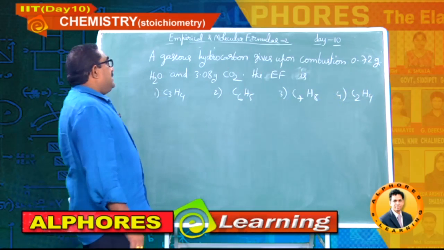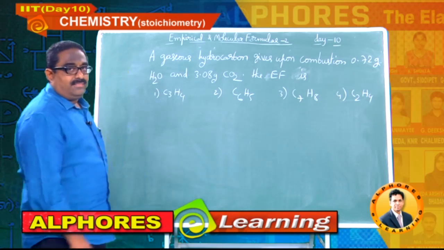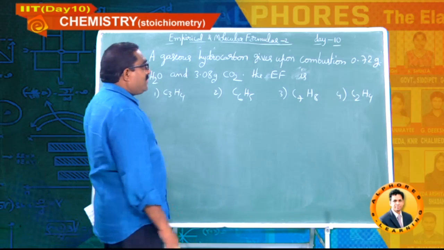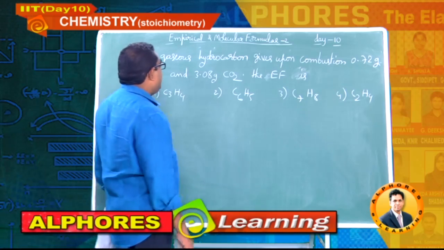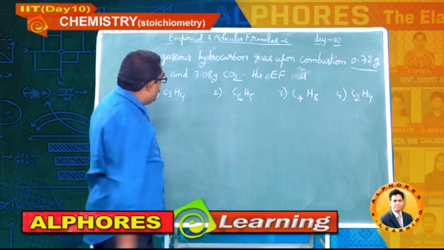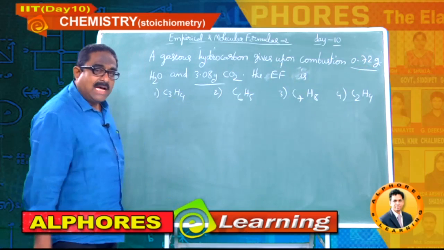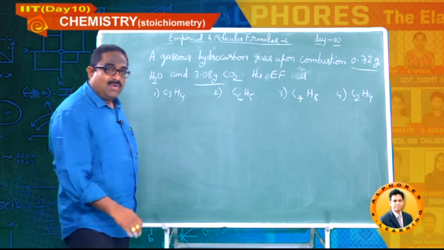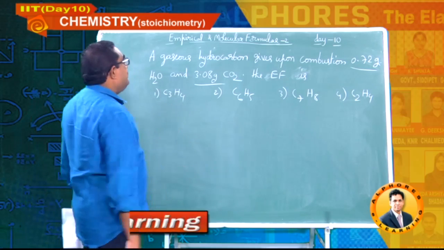Okay, students, this is the data given for a hydrocarbon which on combustion can produce 0.72 grams of H2O and 3.08 grams of carbon dioxide. And he has given the options also. Why have I given the options? Wait, you will understand now.